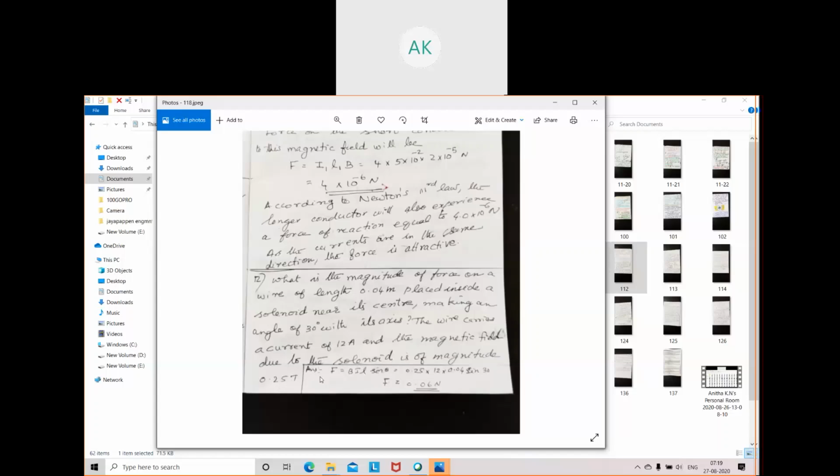So directly you can use the formula BIL sin theta. B is given, I is given, L is given, theta is given. So you get the answer in Newton. This is the magnitude of the force, so the unit will be Newton. Okay.